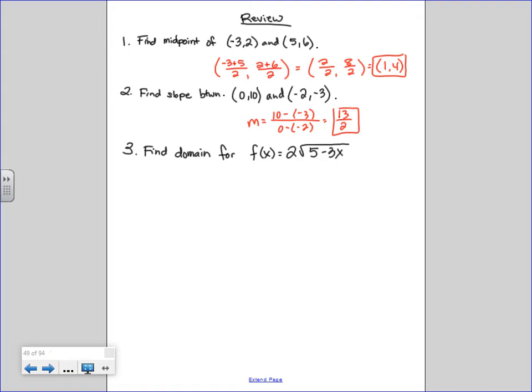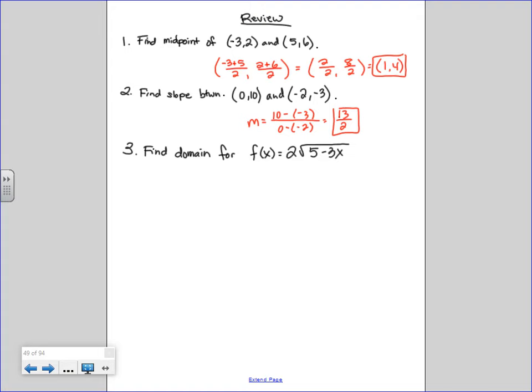Hold on, let me see, David. Yes. Oh, she said, I have one. When you have it under a root, you set the root expression greater than or equal to 0. So you do 5 minus 3x.